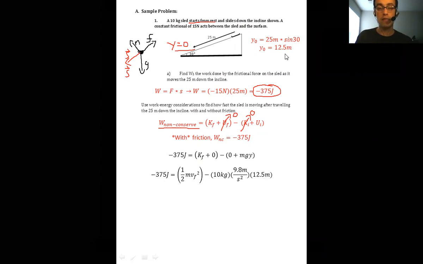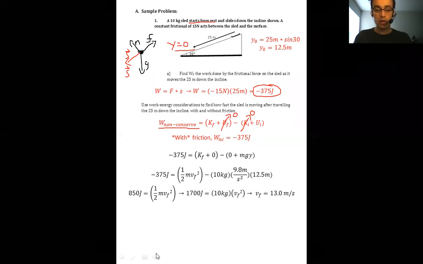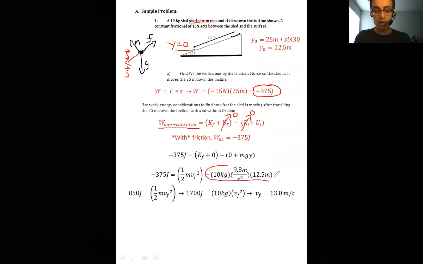The 12.5 meters is the y-coordinate, which we have previously found. 9.8 meters per second squared is acceleration due to gravity, and 10 kilograms is the mass, which is given to us in the problem. So we do a little bit of rearranging. We move this whole mass term over here, and we add it to both sides. We go ahead and do that, and we find that 850 joules is equal to 1/2 mv final squared.